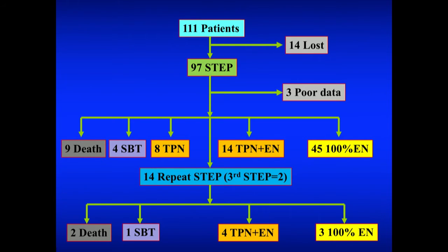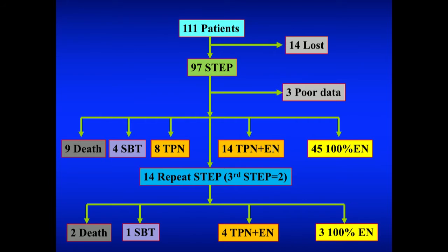Unfortunately, 9 patients died after the procedures. 4 still required transplantation. There were 8 patients who remained 100% dependent on TPN. But 14 patients are partially dependent on TPN and partially dependent on enteral nutrition. However, 45 patients out of this group were able to come off of TPN altogether and were maintained on 100% enteral nutrition.